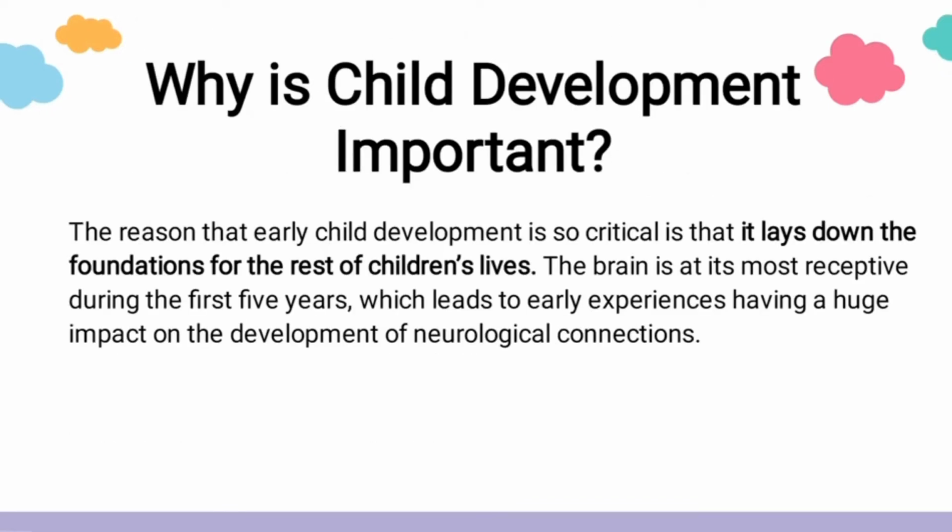Moreover, the reason that early child development is so critical is that it lays down the foundations for the rest of children's lives. The brain is at its most receptive during the first 5 years. Receptive means the child is accepting new suggestions and ideas, and that leads to early experiences having a huge impact on the development of neurological connections.